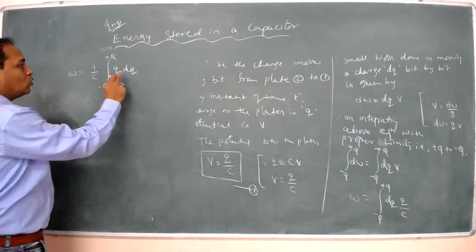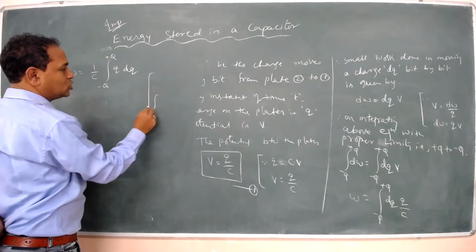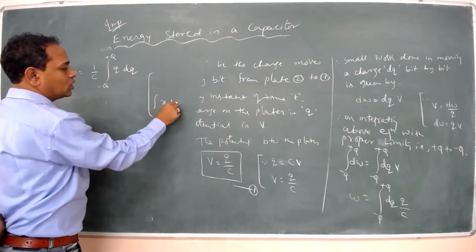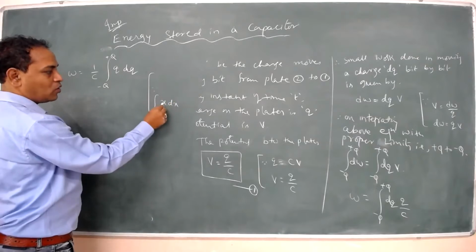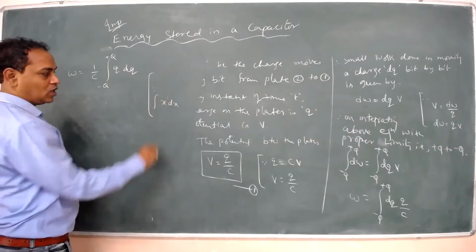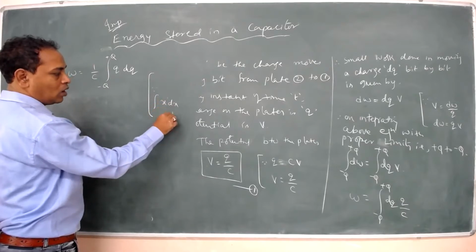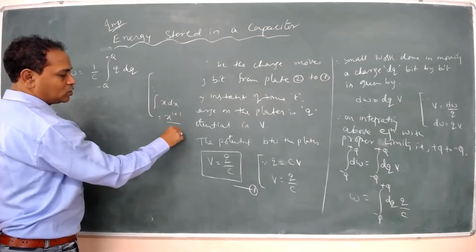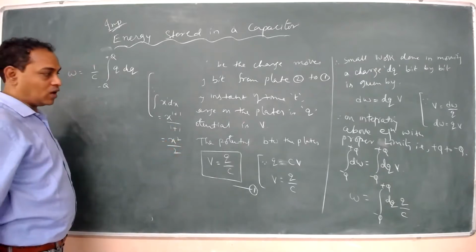We know the integration formula of x into dx: x to the power 1, so 1 plus 1 over 1 plus 1, that is x squared by 2. We know that very well.